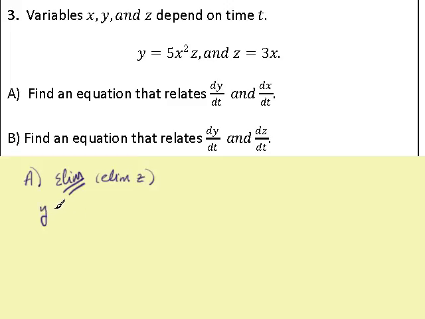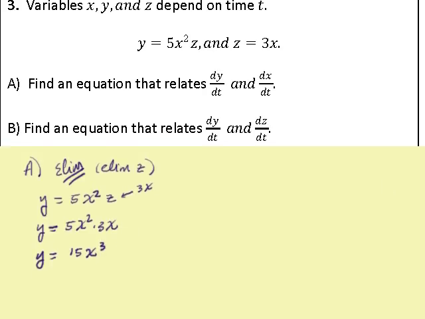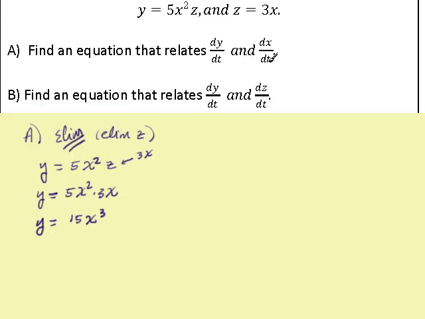So we'll start with y equals 5x squared z, and we'll replace z with 3x. So we have y is equal to 5x squared times 3x, or y is equal to 15x cubed. And now we want to relate dy/dt and dx/dt.